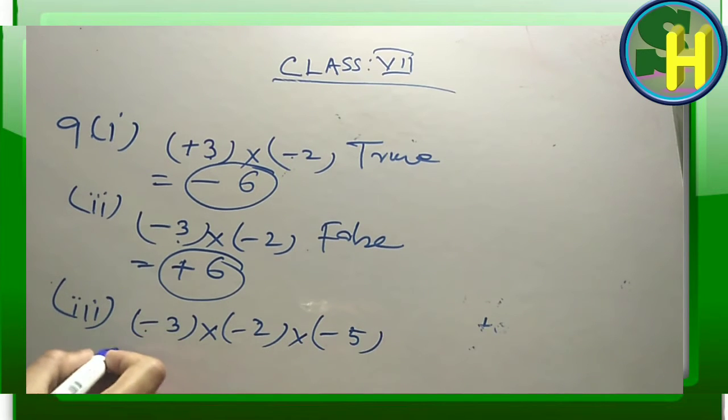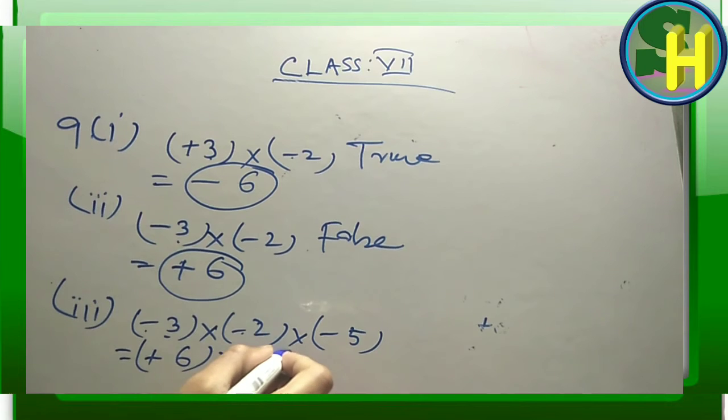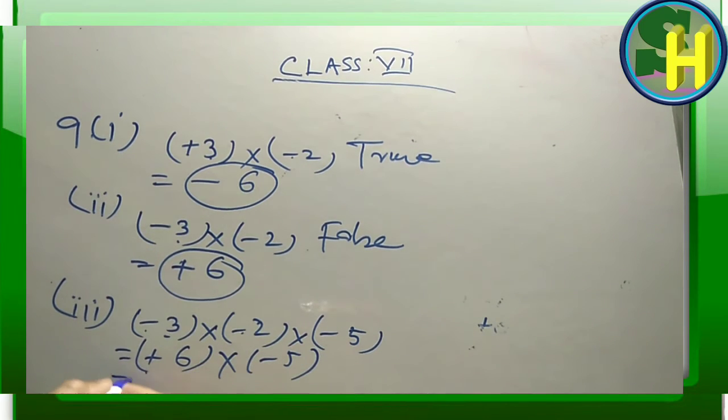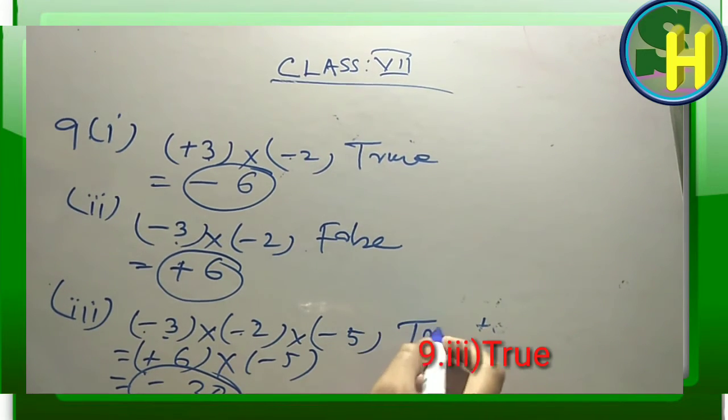Minus and minus is a plus. 3 into 2 is 6, and minus 5. Plus and minus is a minus. 6 into 5 is 30. So we are getting minus 30. That means negative number. So question number 3 is true.